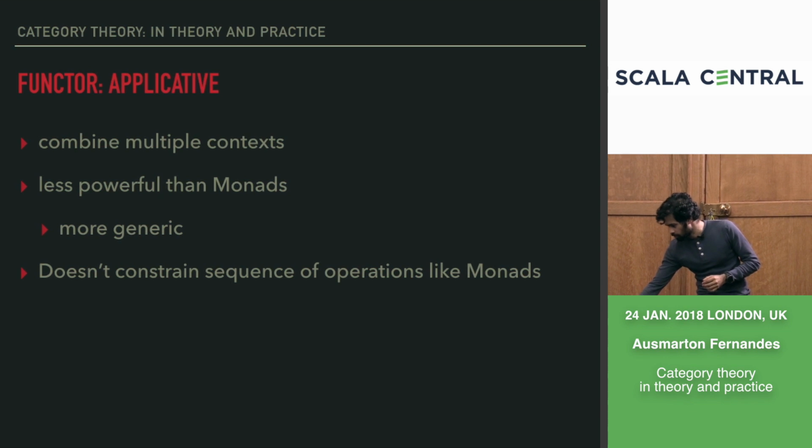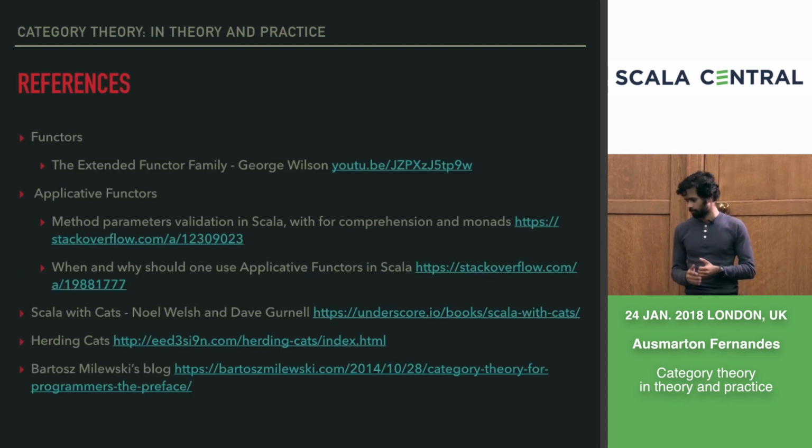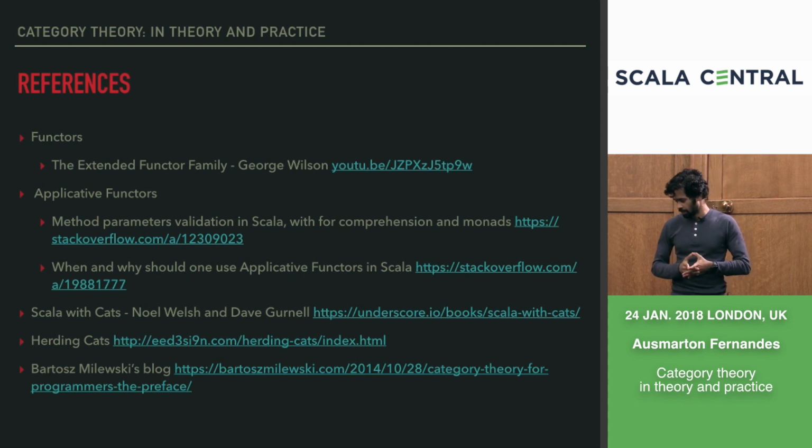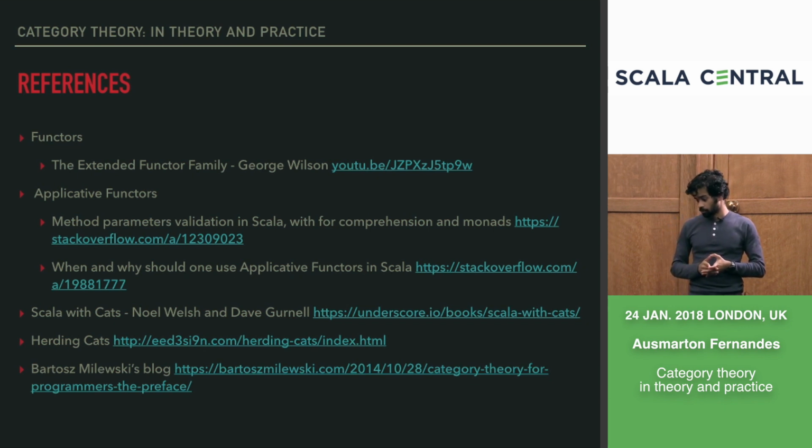That's all I have, basically. These are some of the resources which I've found really helpful. The first is the talk by George Wilson, which talks about multiple different functors that generally don't get talked about.